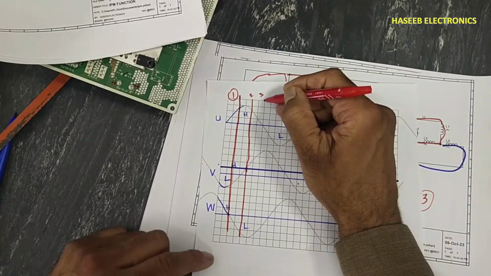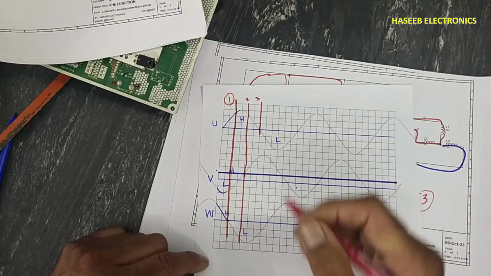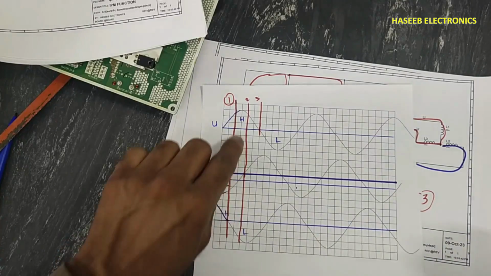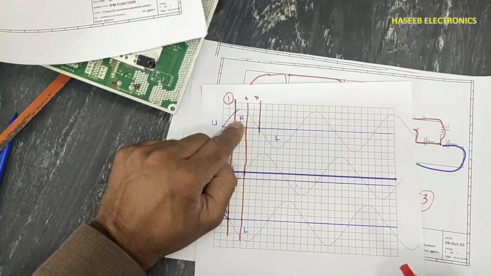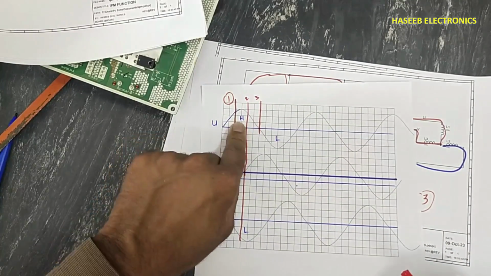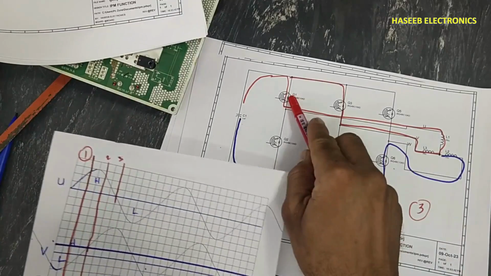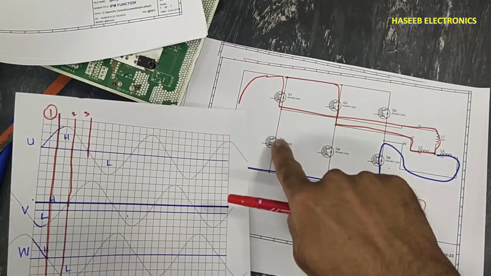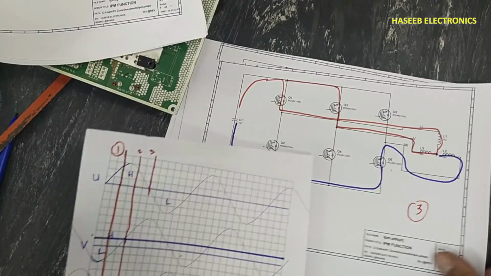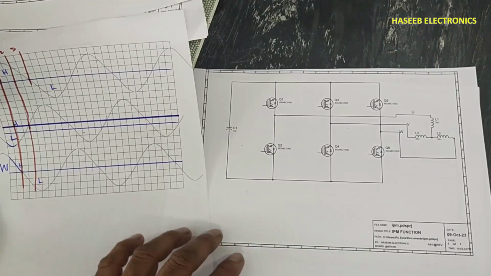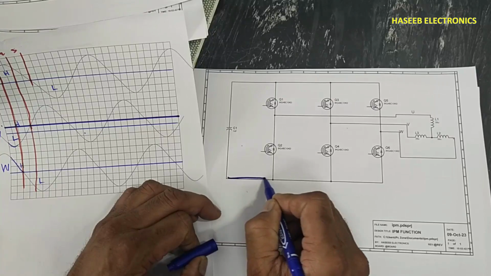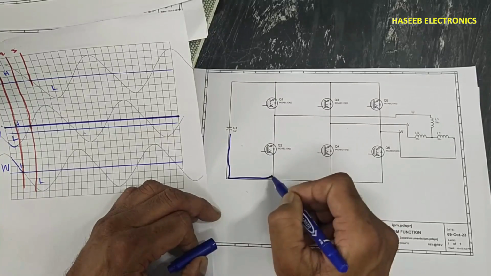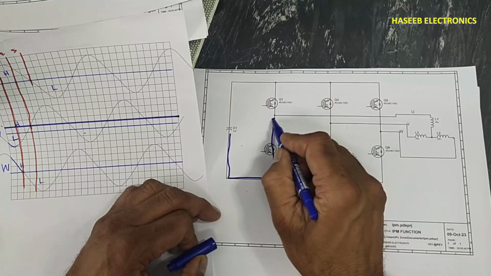Now at this stage, UH, this IGBT will turn off and this IGBT will turn on. Now this IGBT will turn on.